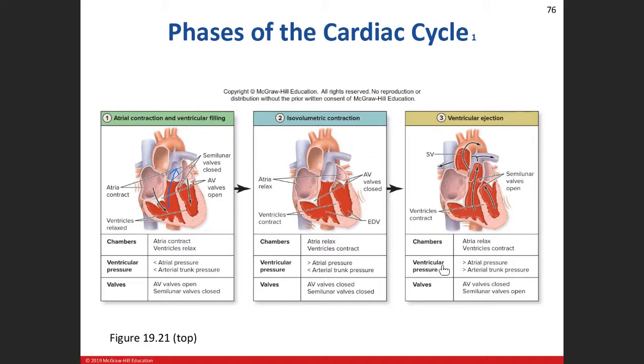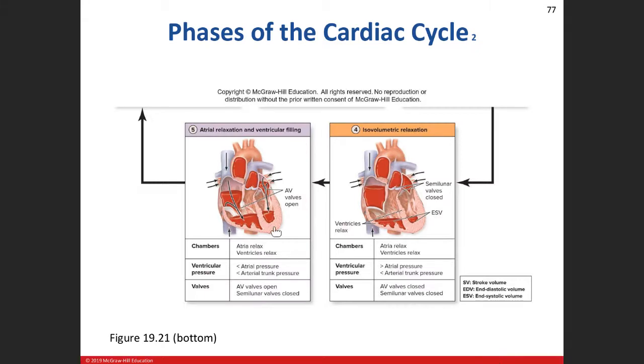So the ventricular pressure is still greater than the atrial pressure because the AV valves are still closed. And also now we see the ventricular pressure is greater than the arterial trunk pressure because it's pushed open those semilunar valves and we push that blood out into circulation. So the AV valves are still closed, the semilunar valves open up.